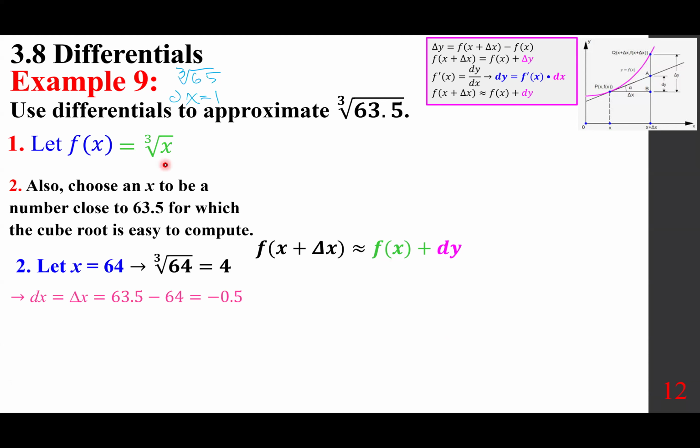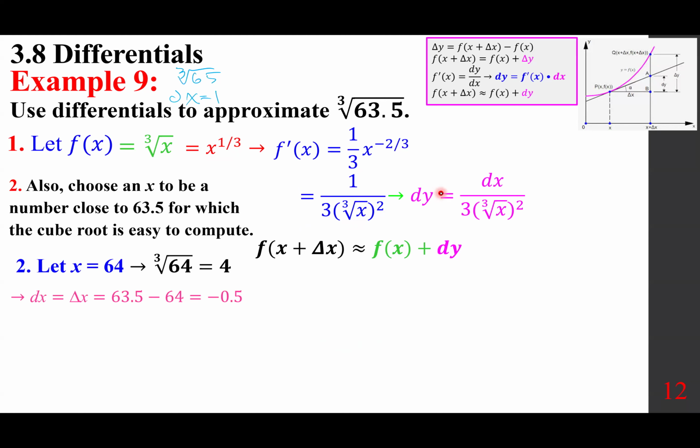So we rewrite this as x to the power of 1/3. It's easy to differentiate. It's 1/3 x to the power of 1/3 minus 1, which is negative 2/3. And we've done that many times before. Negative 2/3 goes down, becomes x to the power of positive 2/3, or 1 over 3 times the cube root of x, quantity squared. dy is exactly the same thing times dx.